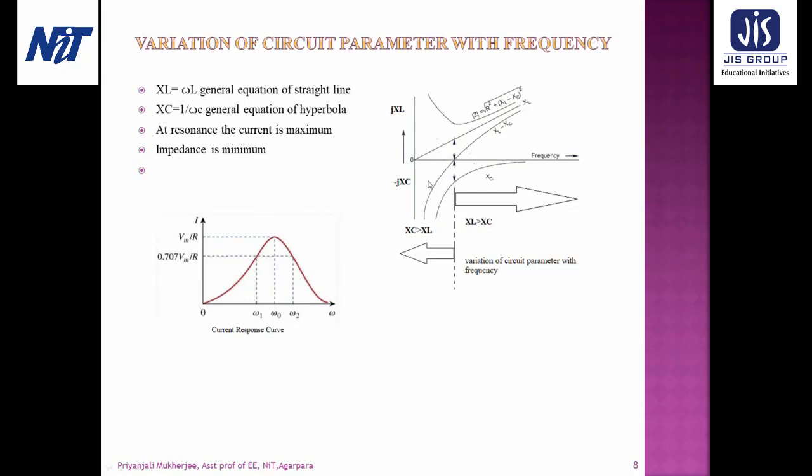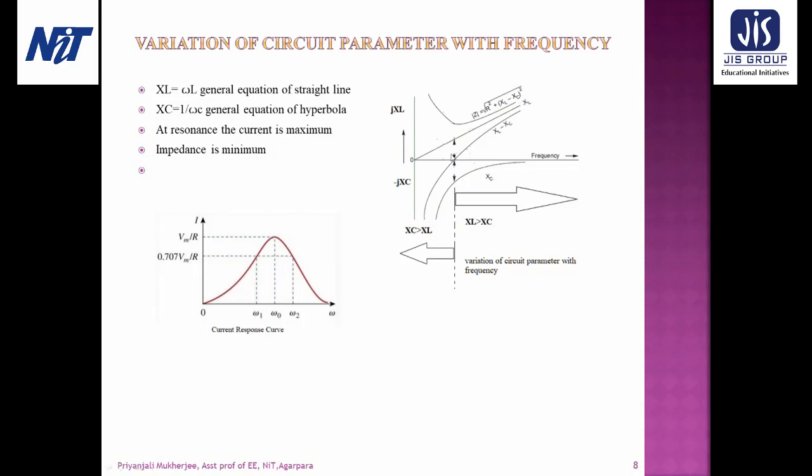At the resonating condition, at this frequency, the XL value is equal to the XC value, and the impedance is minimum. For frequencies less than FR, the resonating frequency, the XC value is much greater than the XL, so in this area the circuit acts as a capacitive circuit.